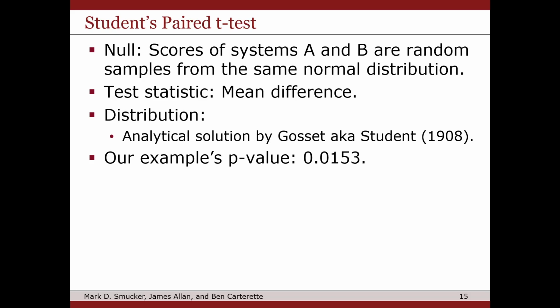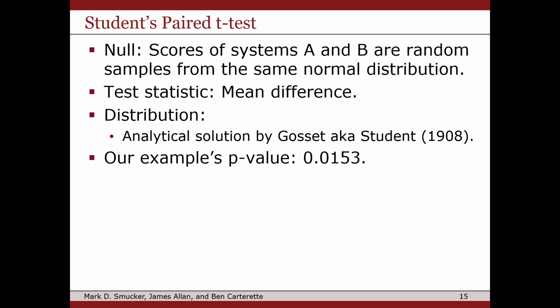All the evidence has pointed out that, especially as the number of samples gets large, the Student's t-test is certainly very applicable and robust to violations of any assumptions about normality. When we do 50 topics, we're well past concern of these violations of normality. And we see here again, it's got a p-value of 0.0153, in line with the randomization test and the Bootstrap.